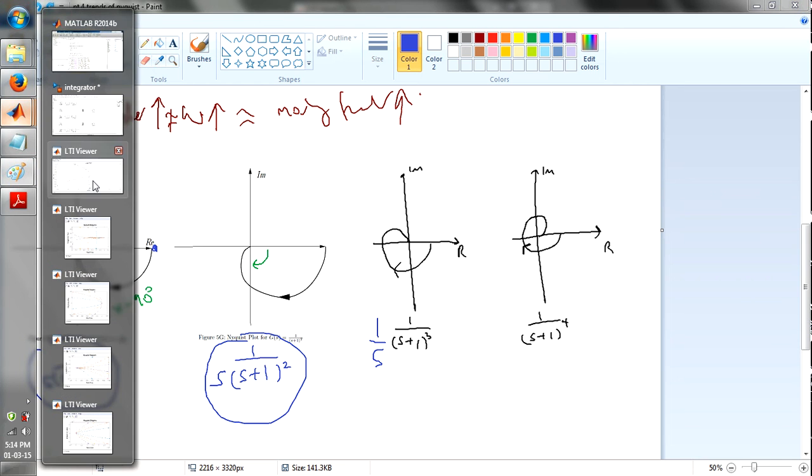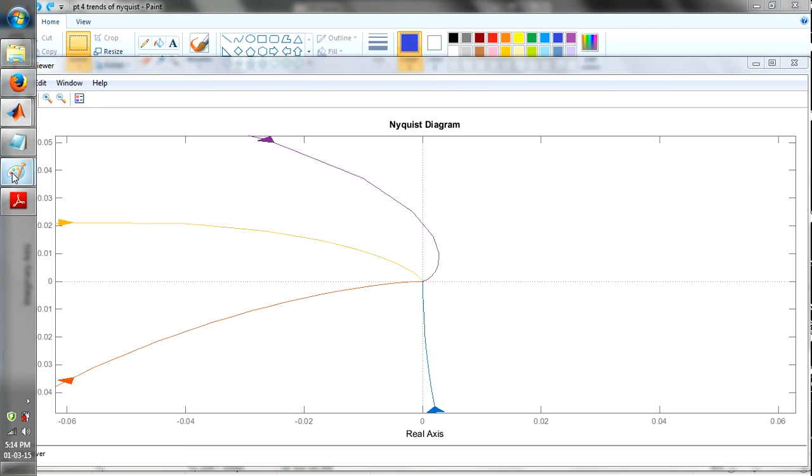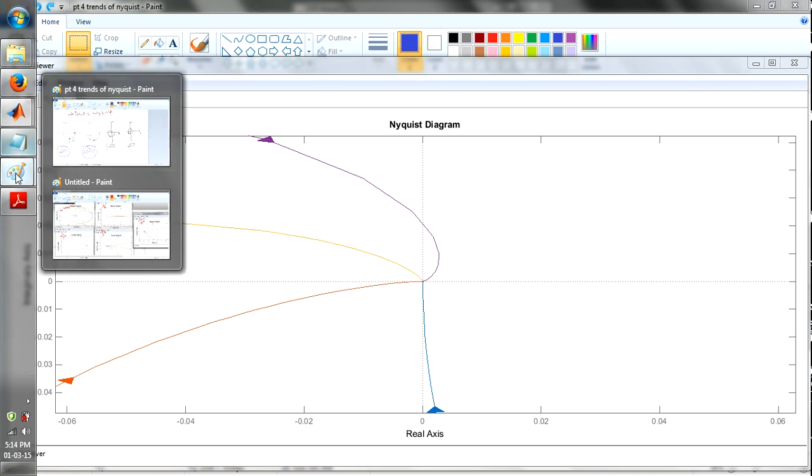So this actually reflects. Okay, so this is the minus 90 degrees, this is the minus 180 degrees, this one is the minus 270 degrees, and this is the minus 360 degrees. So it eats into the plane itself. Okay, so you need to know that.